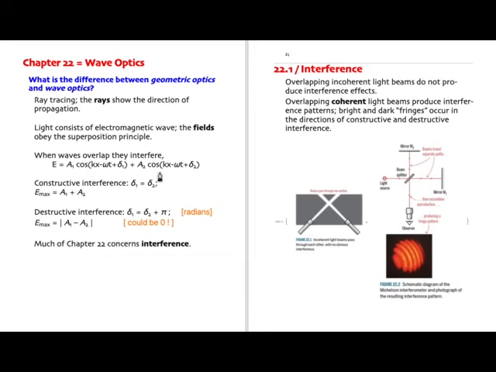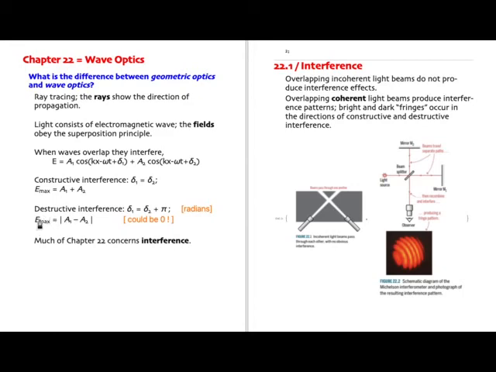So when I add the two fields, I would get A1 minus A2 times the oscillating factor. So that means that E max, the amplitude of oscillation, would be A1 minus A2. To make it an amplitude, we could take the magnitude, the absolute value.